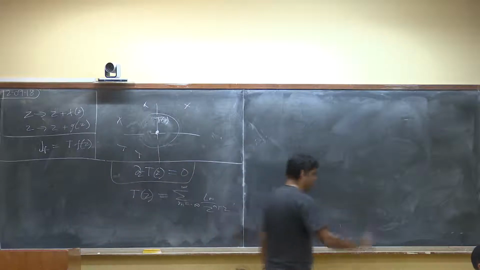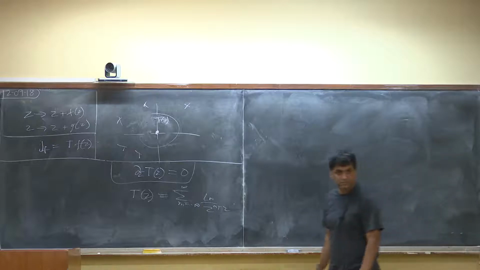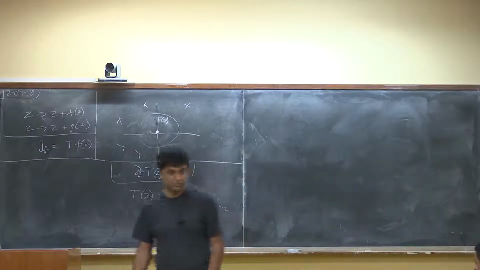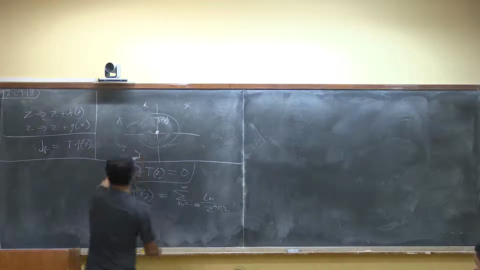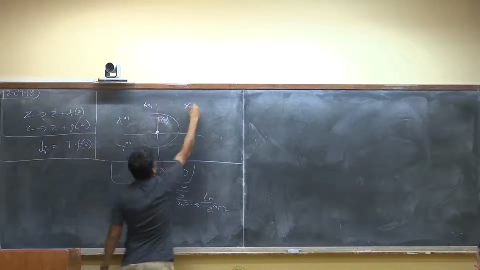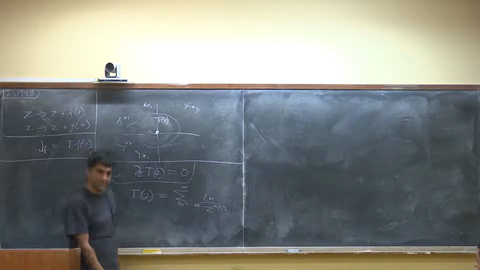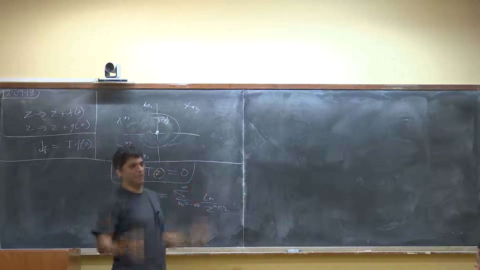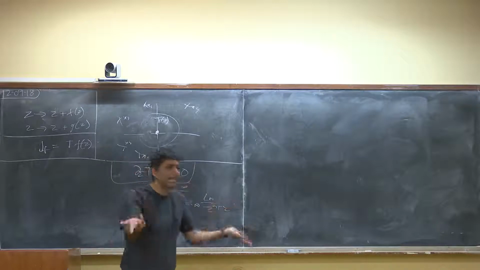T is a local operator, and these insertions are also operators. These are at particular locations, let's say x1, x2, x3, x4. T of z is also at a particular point. Then I vary this particular point, and I ask how the correlation function changes as I vary it.